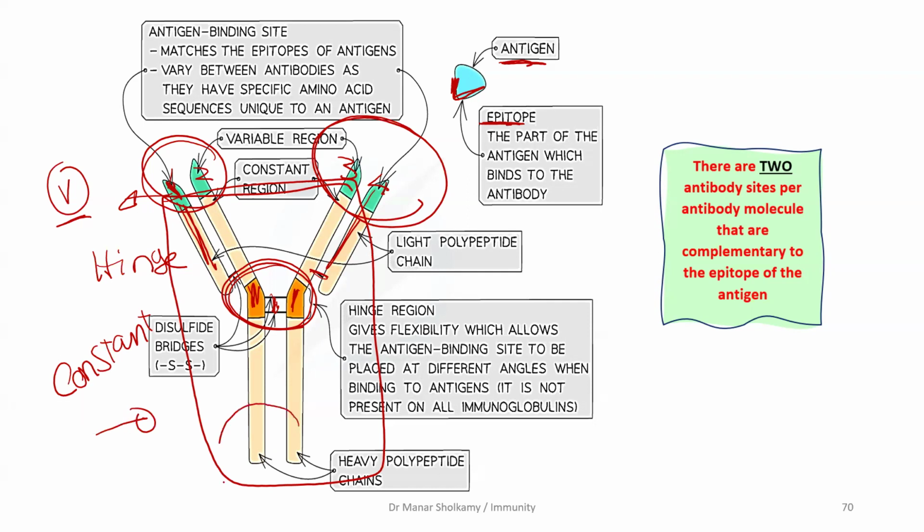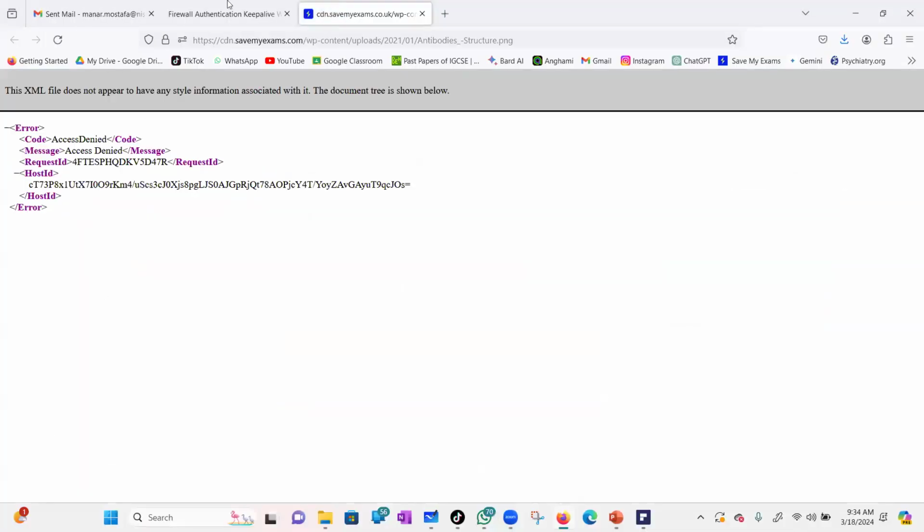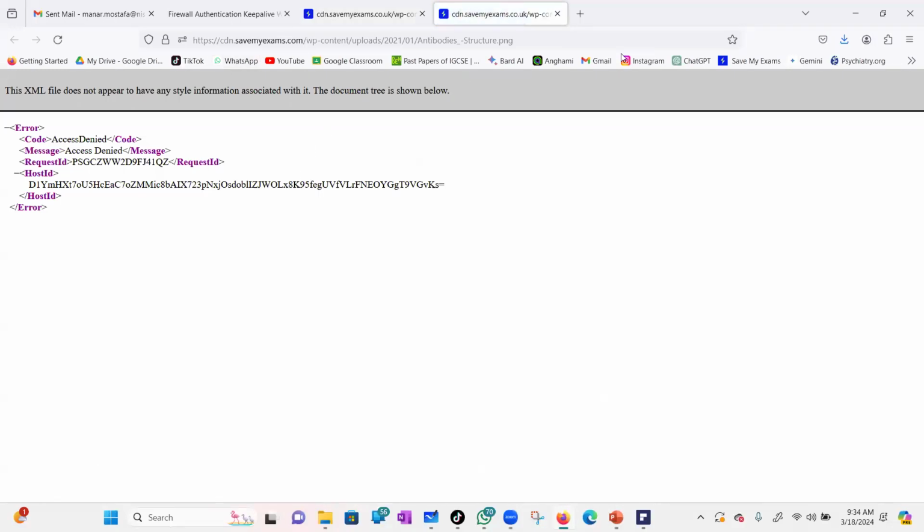Now, the ends of the heavy chains are the parts that bind with the receptor on the phagocyte. Remember the phagocyte? The phagocyte will bind with the antigen if the antigen is marked with a specific antibody. Remember phagocytosis?